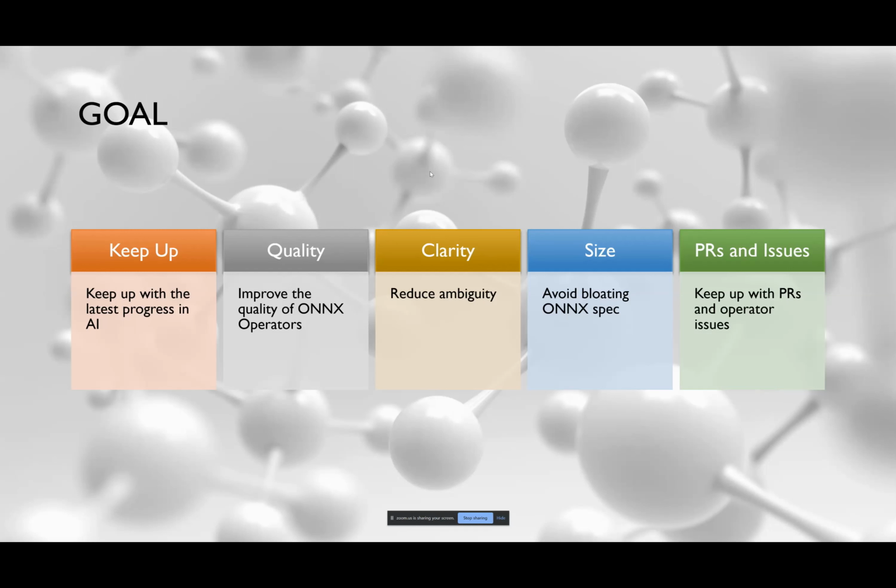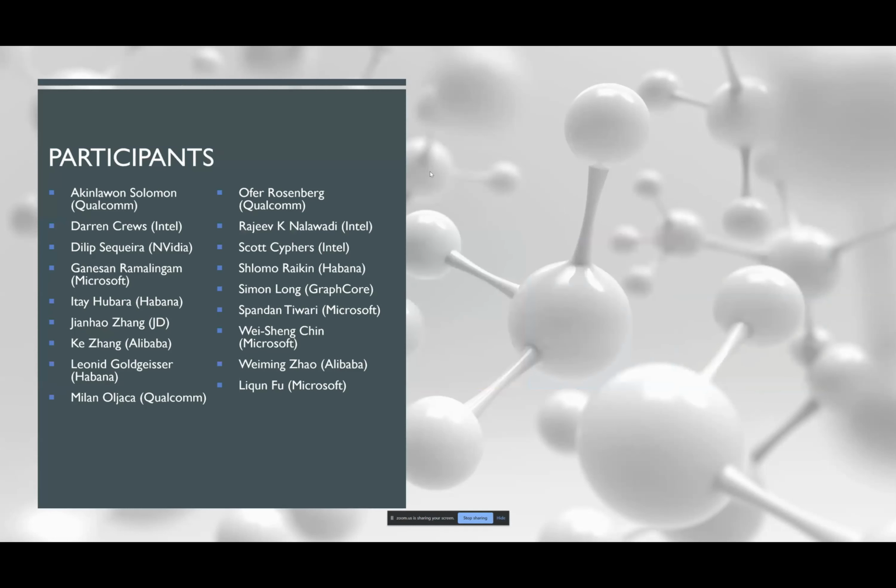You can add custom operators, but the focus is to keep the spec small, while covering a lot of primitive ops from which you can compose more complex ops. Keep up with PRs and open issues, and we need all the help that we can get. We have a lot of participants that attend our SIG meeting group, so feel free to join.